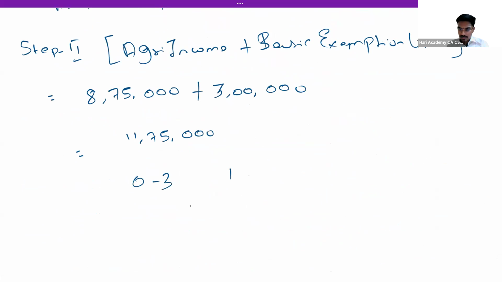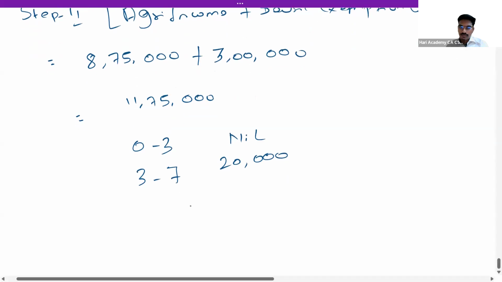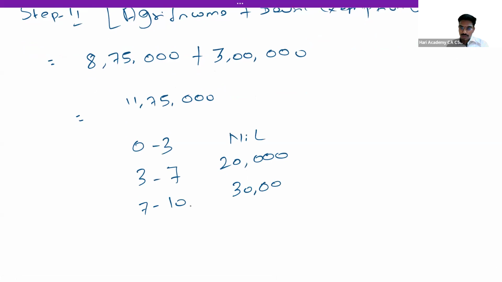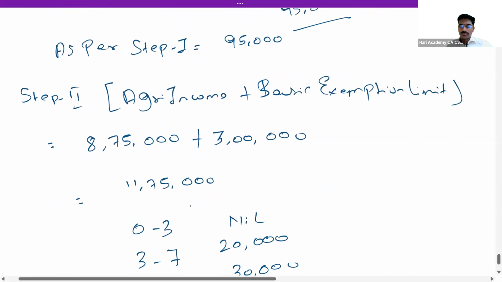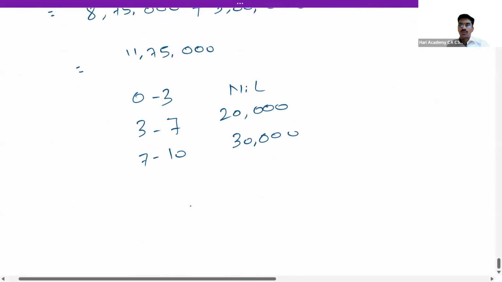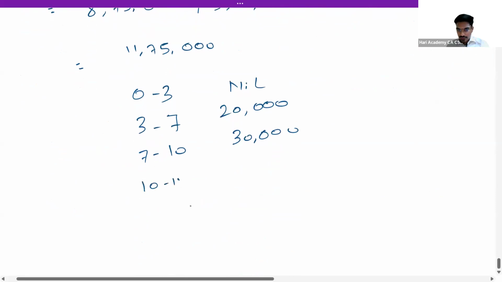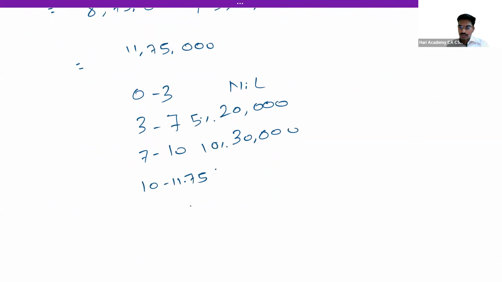Again, 0 to 3 lakhs, nil. 3 to 7 lakhs, 20,000. 7 to 10 lakhs, it is 30,000. Then 10 to 11.75 is at 15%.